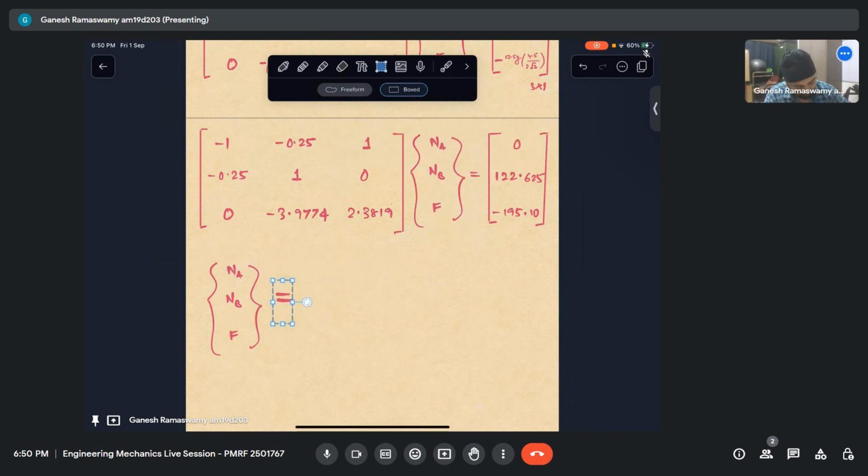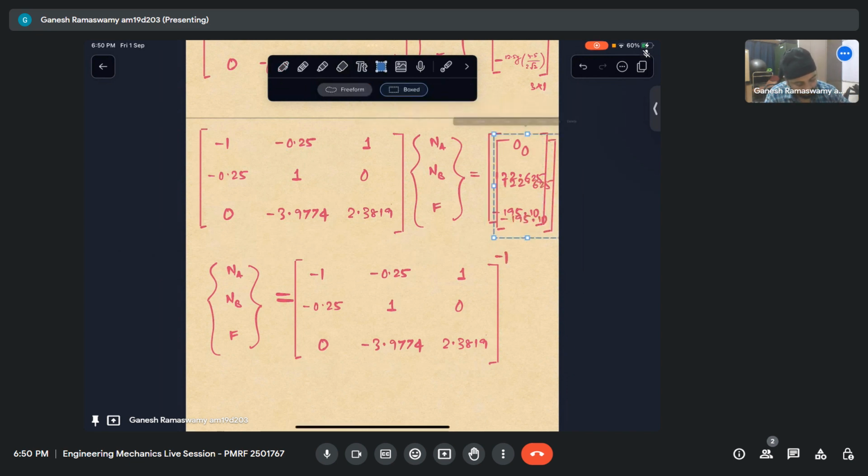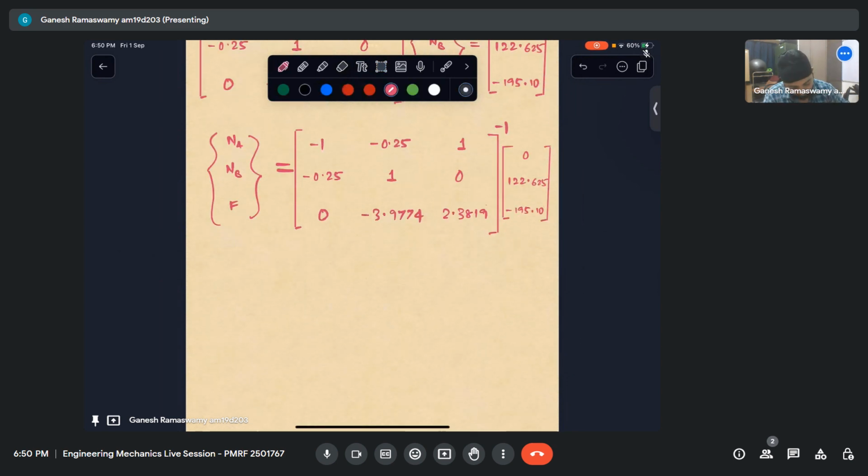This is equal to the inverse of this matrix into this vector. So what does that come out to be? Let us see.